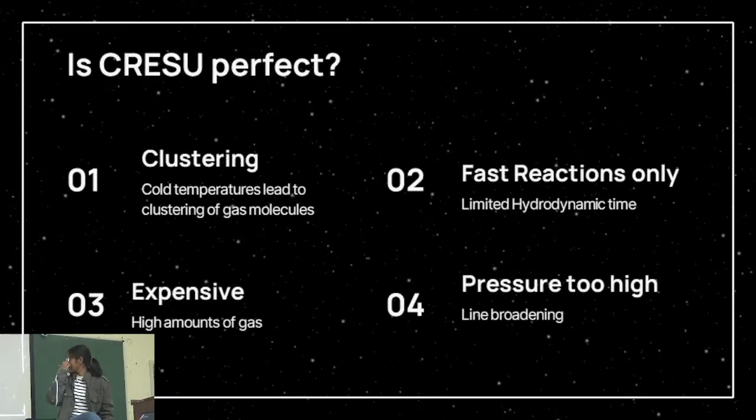Now, fourth is the pressure. We do drop the pressure, but it is still a little too high. The pressure is definitely much higher, by orders of magnitude, than in space. So there are two ways of going. You might ask what's the point of looking at PDI? Usually we choose reactions that don't have very strong pressure dependence, so it doesn't matter if we are a little higher in pressure.